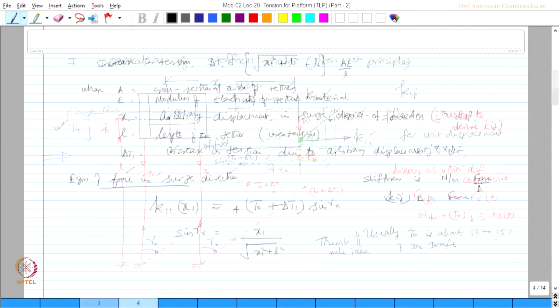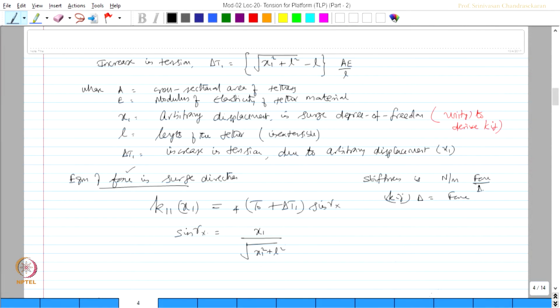So, now let us call this equation 1 and equation 2, substituting 2 in 1, we get K11 as 4 times of T0 plus delta T1 by root of x1 square plus L square, equation 3.